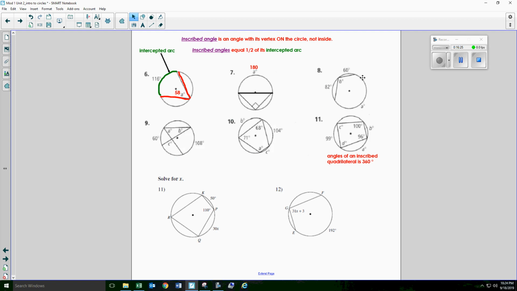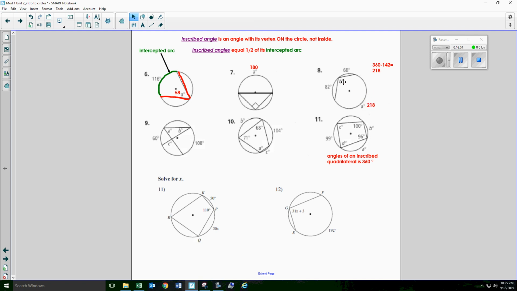Okay, so we know all that arc plus arc A has to add to 360. So here I have 60 plus 82 is 142. So I do 360 minus 142, and that equals 218. So that means A is 218.